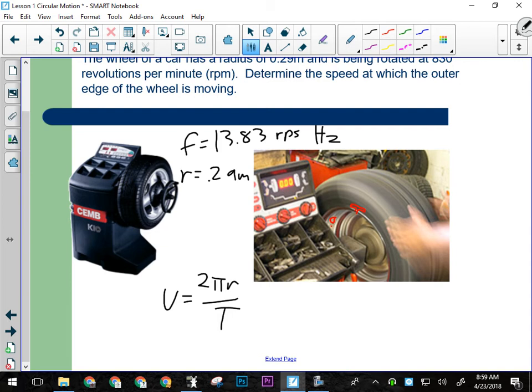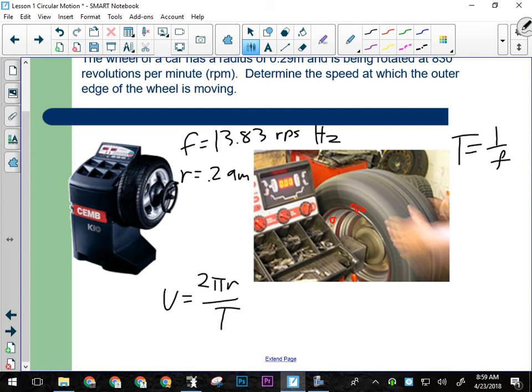But I know that t and f are related, because we wrote down this formula on the very first slide. T equals 1 over f. So I have how many times it goes around the circle in a second. I want to know how many seconds it takes to go around the circle once. So I'm going to go 1 over this number to get the period so I can use it in this formula.